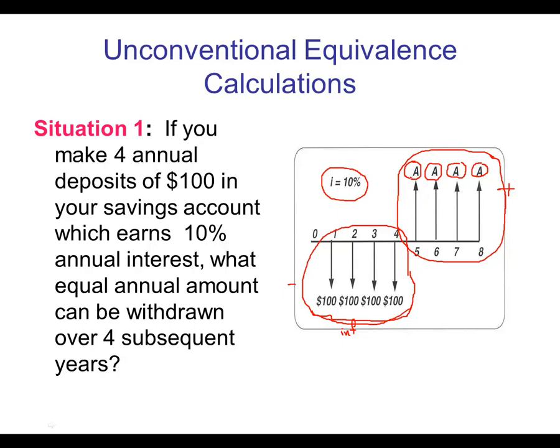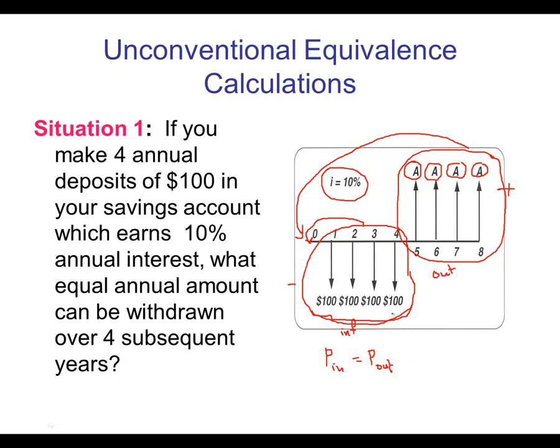Now how can I find the amount here, the A amount? Since this is inflows and this is out, the inflow and outflow should be equal. So I can bring this group back to time 0, and I can bring this group back to time 0, and say that P for in is equal to the present value for out.